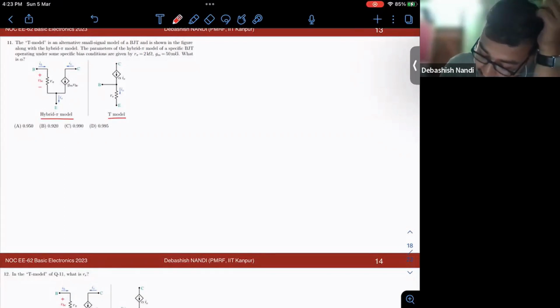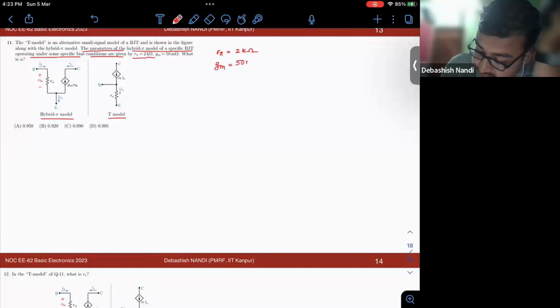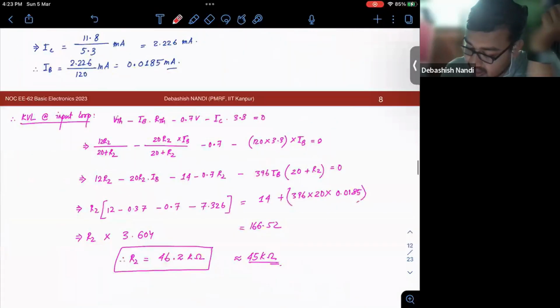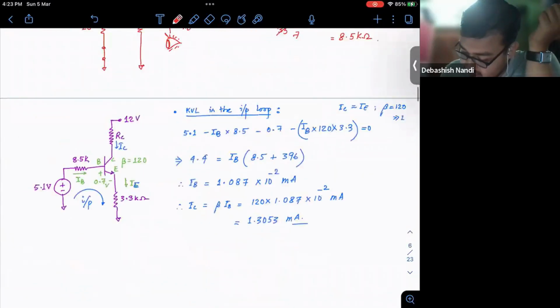So they have asked us the parameters of the hybrid pi model of a specific BJT operating under some specific bias condition. R pi is given to be 2 kilo ohm. GM is given to be 50 millisiemens. You remember the relation we have found out between beta, GM, and R pi.